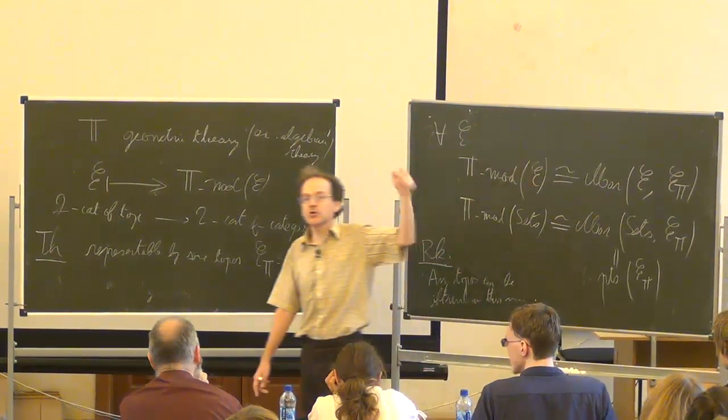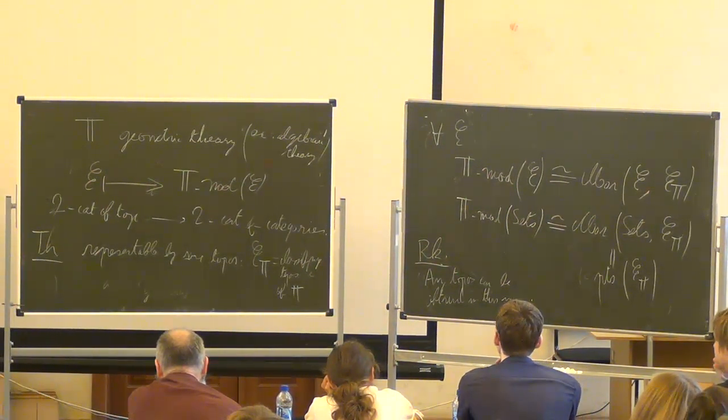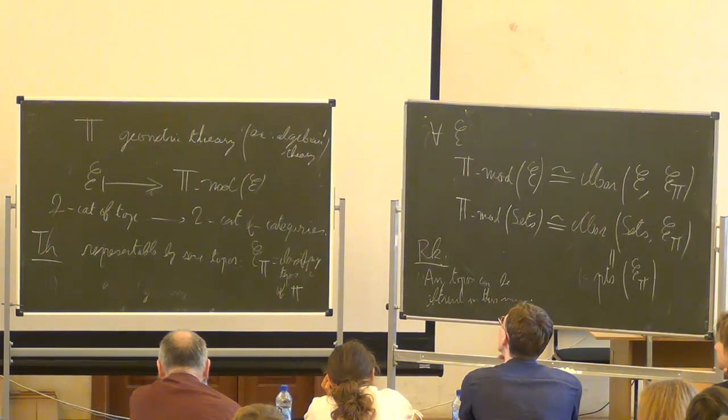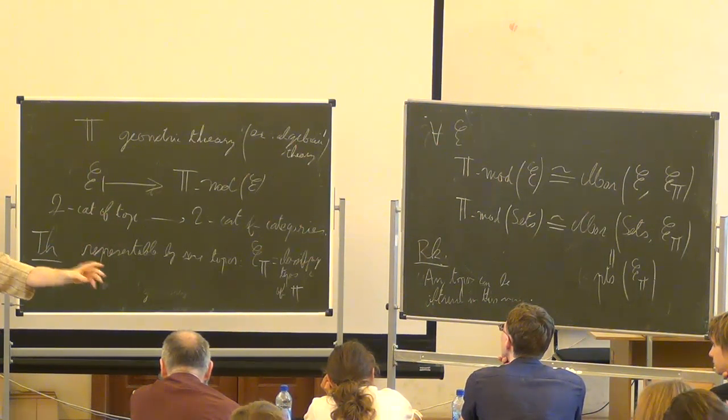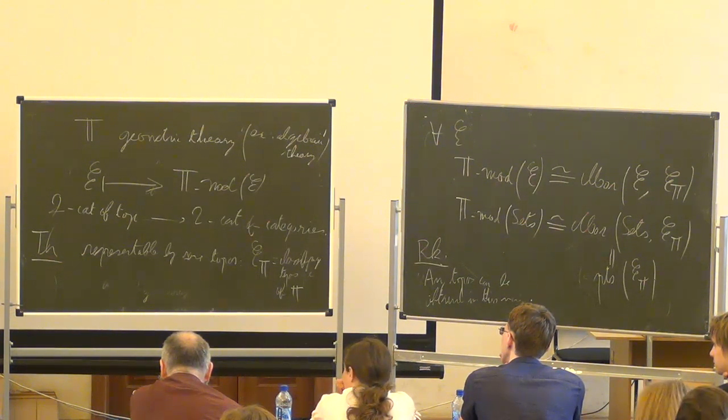So moving from your theory to the associated topos is a mathematical incarnation of going from syntax to semantics, from logic to mathematical content. When you have a theory, what is its mathematical content?